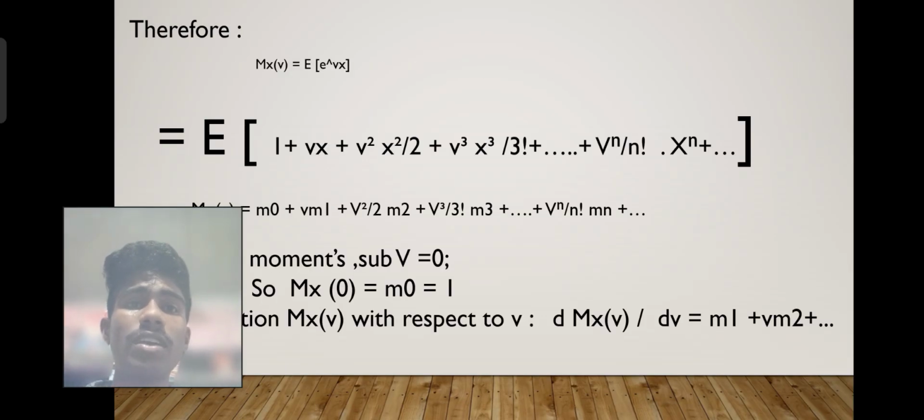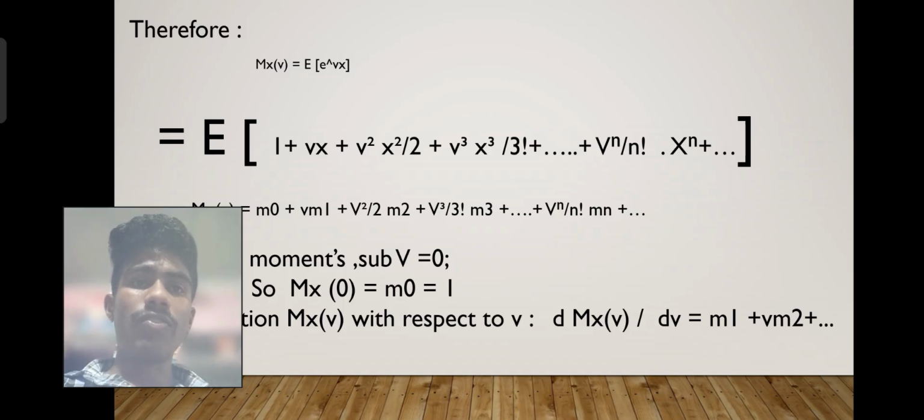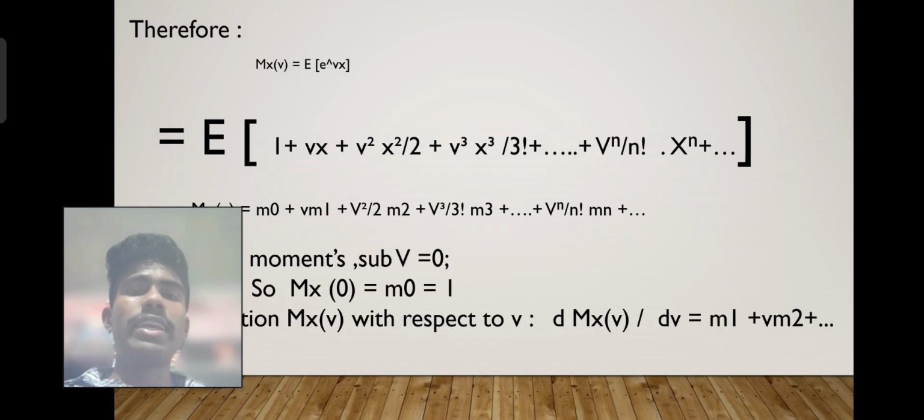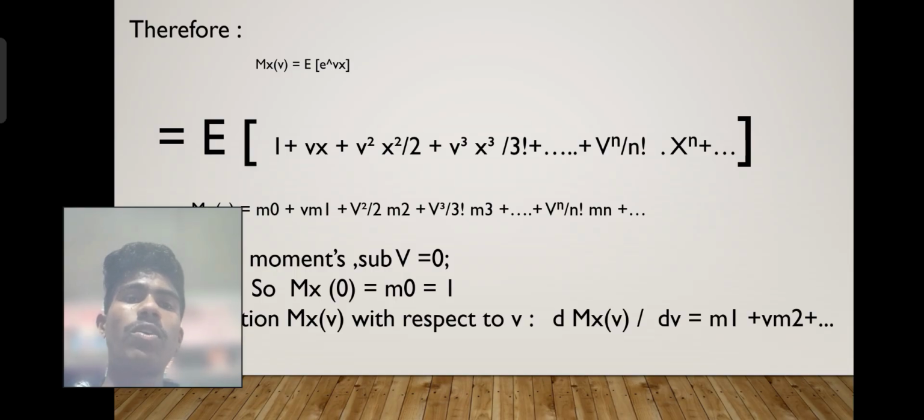Therefore, M_X(v) equals the expected value of e^(vx), that equals the expected value of 1 + vx + v²x²/2 + v³x³/3! + so on plus vⁿ/n! times xⁿ plus so on.